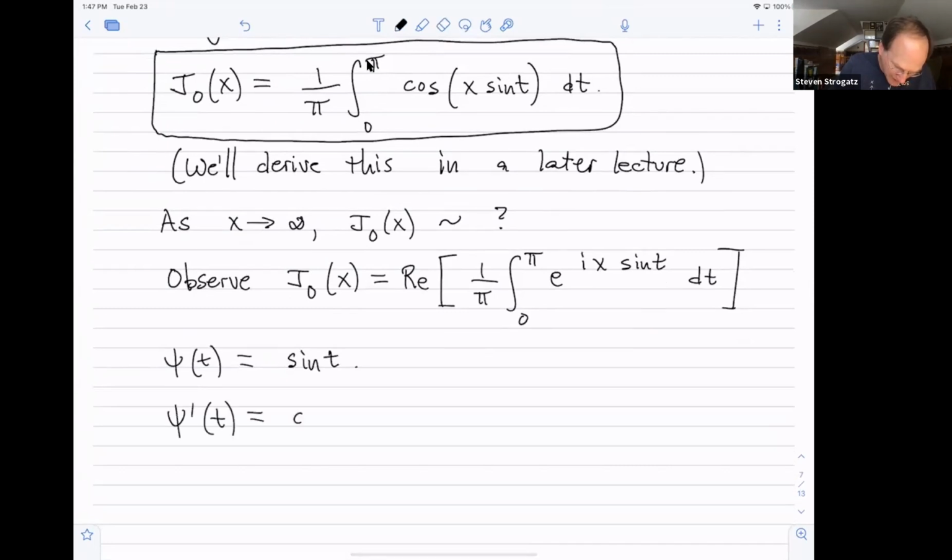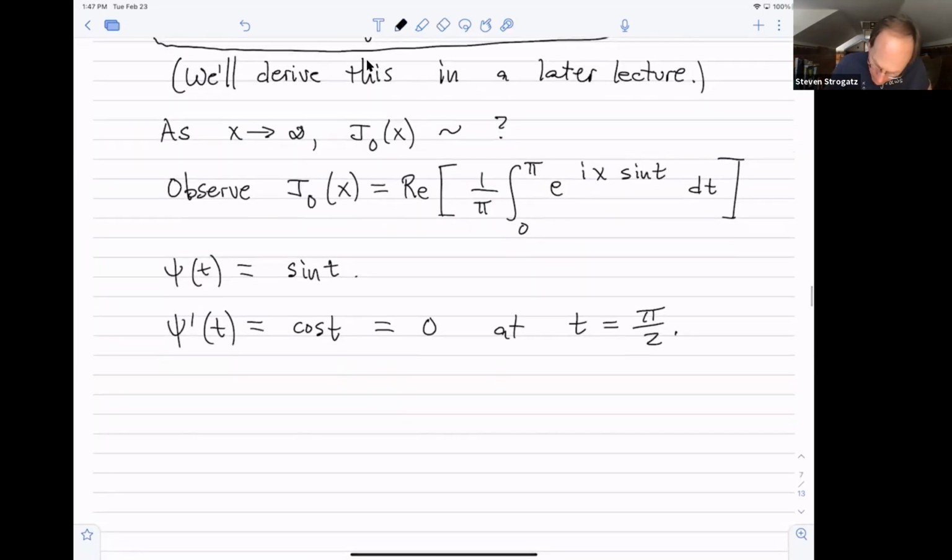Well, psi prime of t is cosine of t, and that equals 0 at t equals pi over 2, which you can see is sitting exactly in the middle of this interval of integration. We're going from 0 up to pi. So halfway along at pi over 2, we have a point of stationary phase, occurring in the middle of our domain of integration.